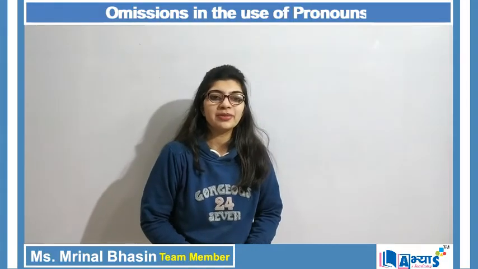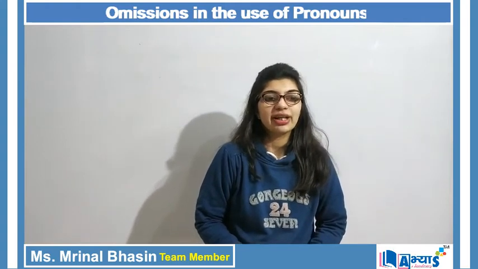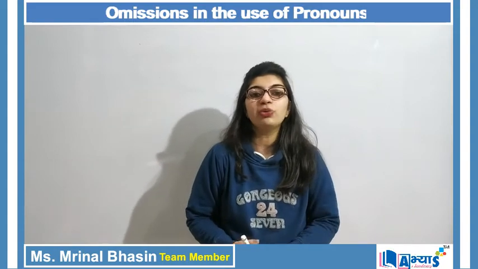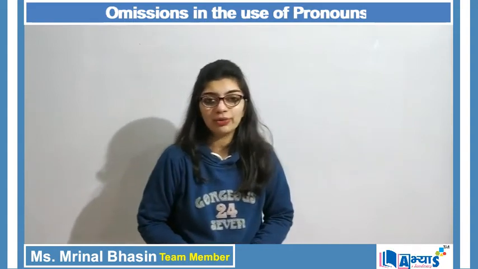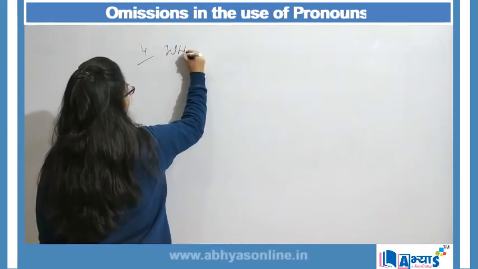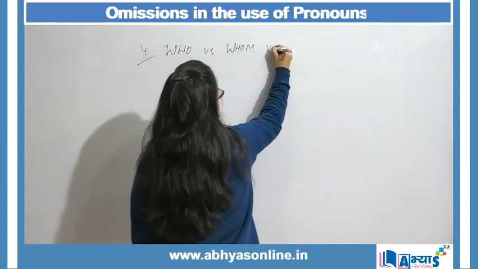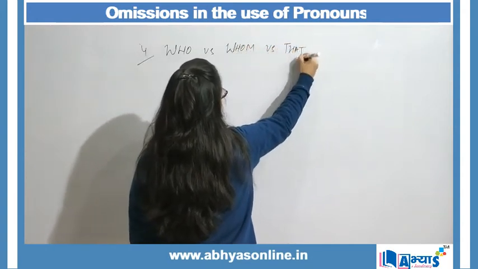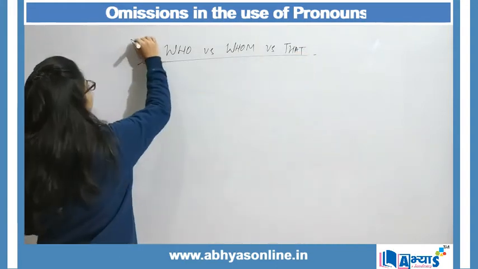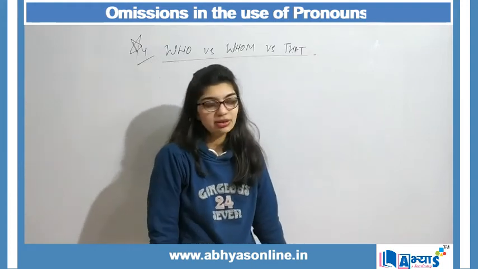Now, another common mistake that students make while omissions in pronouns is that they often do not know the usage of who and whom. They get confused between who and whom. So now we will be talking about who versus whom versus that. Now always remember, this is a very important point to remember because often people get messed up over here.